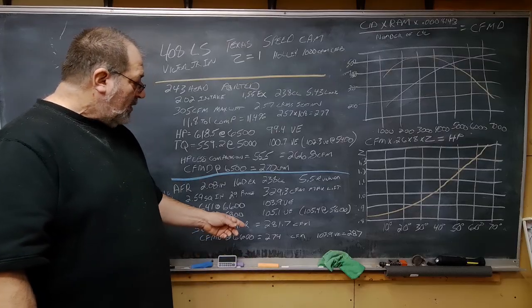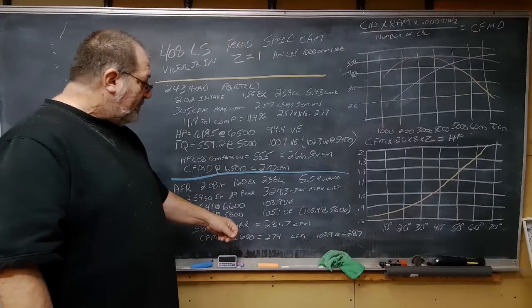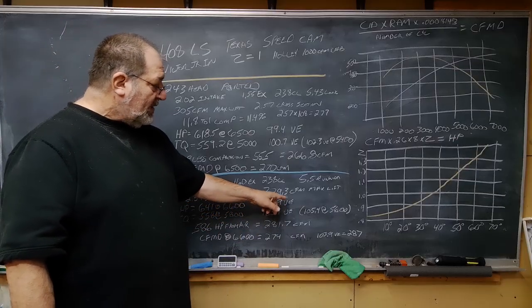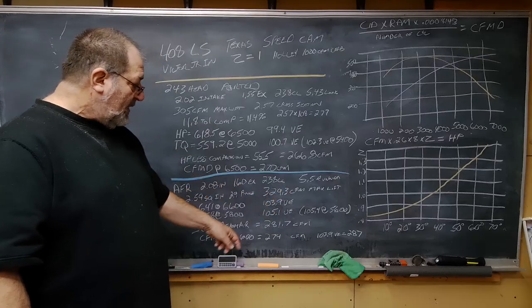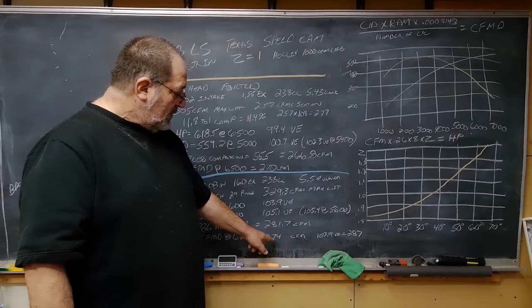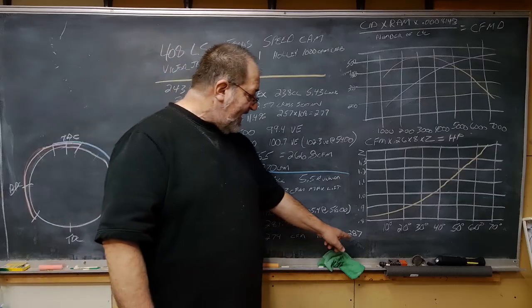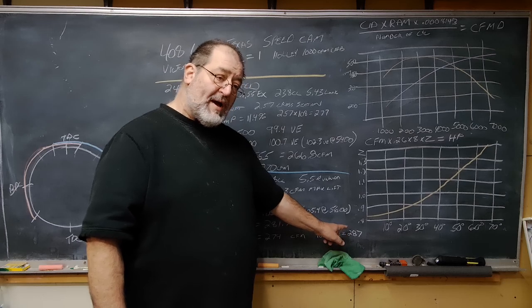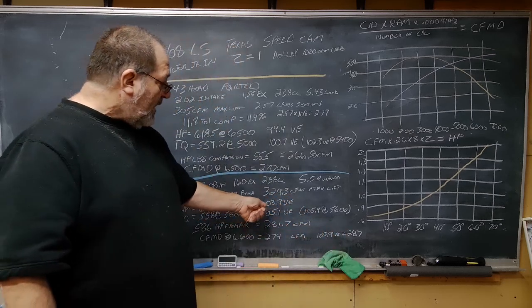And so the question is why? But if you take this 103.9% volumetric efficiency and you add that to the 274, that gives you 287 CFM that you have available at 103.9 VE.